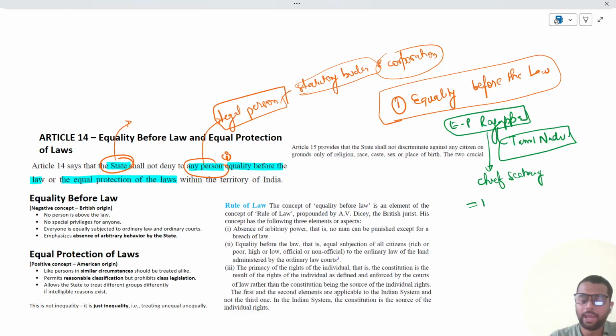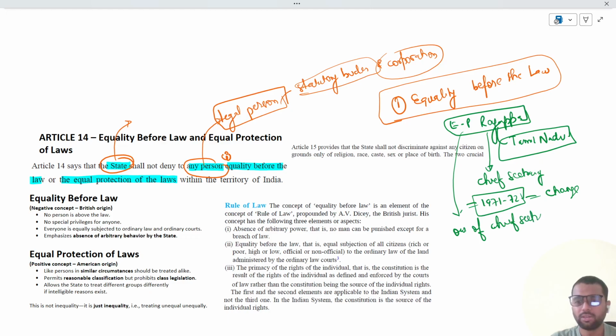The year was 1971-72, and there was a political change. After the election, the government changed, and the new government transferred E.P. Royappa out of the post of chief secretary and deputed him as deputy chairman of the State Planning Commission, SPC.